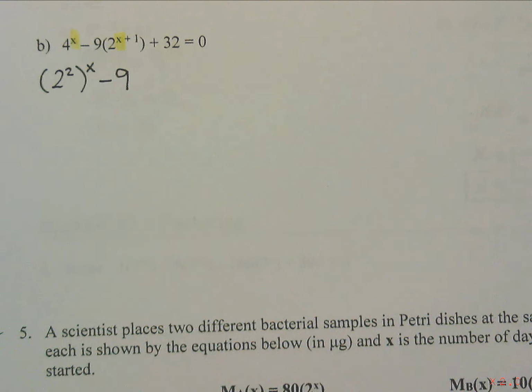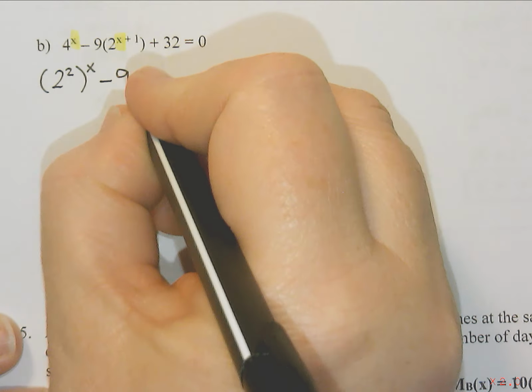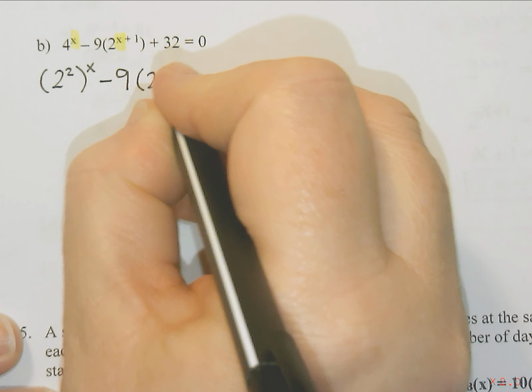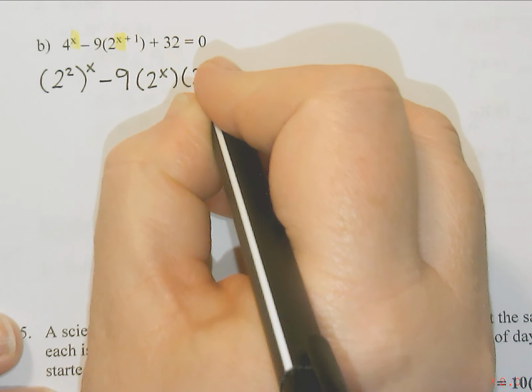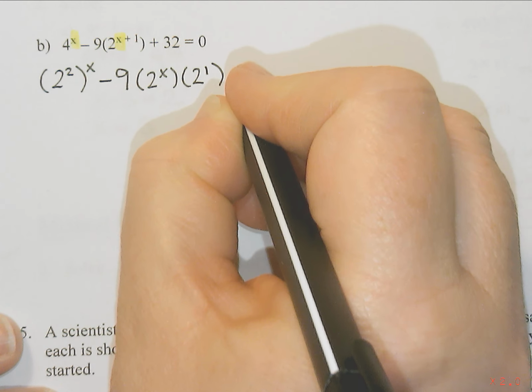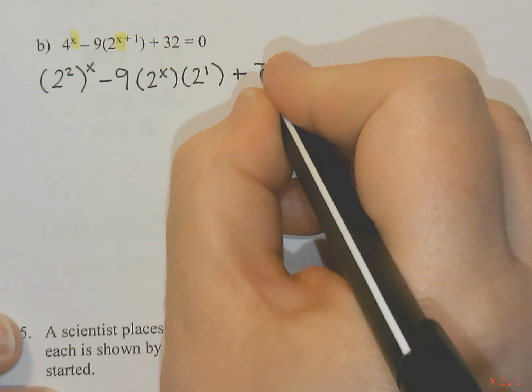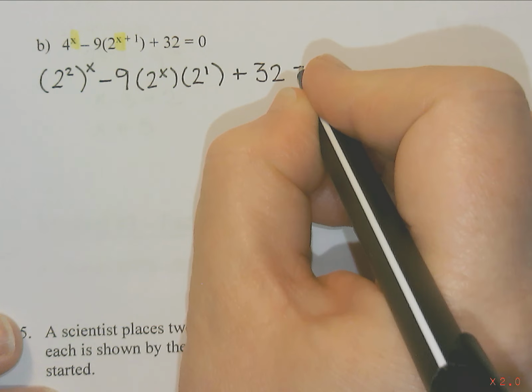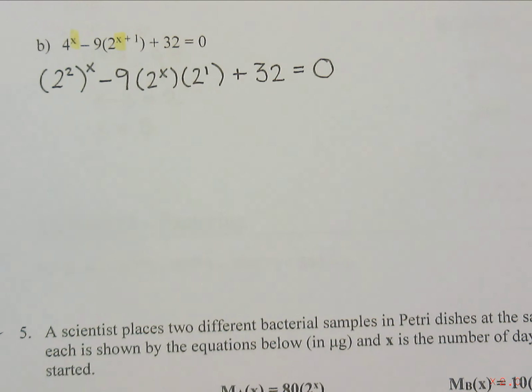That is something that we have tried doing before. So this is going to become 2 to the x times 2 to the 1. And then we're going to add 32. I could write that as a power of 2, but I don't need to because it doesn't have an exponent. I only do it with the things that have exponents.